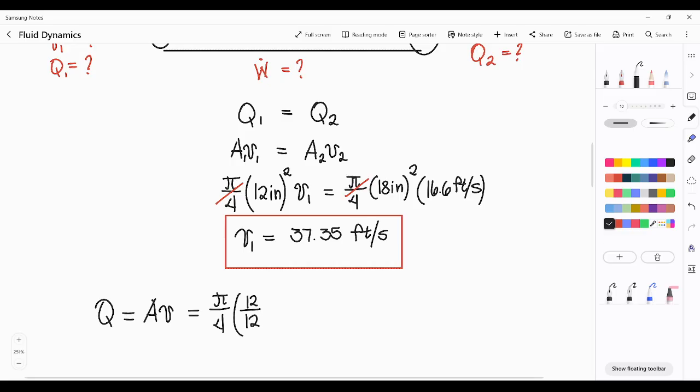Divide that by 12 to make it feet, cancel the inches. And square that to make it area. Times the velocity of 37.35. That is in feet per second. The resulting unit is cubic feet per second. And pressing that into your calculator once again, you will arrive with the value of 29.33.